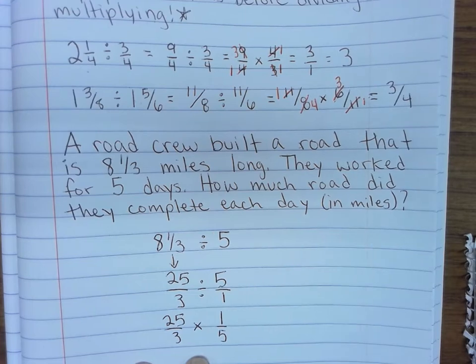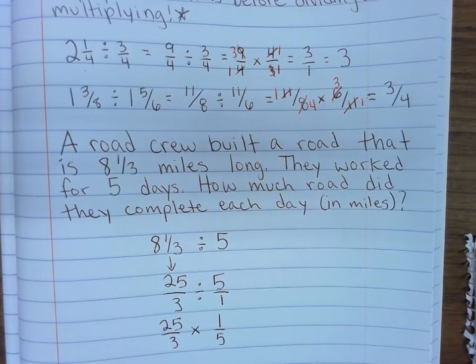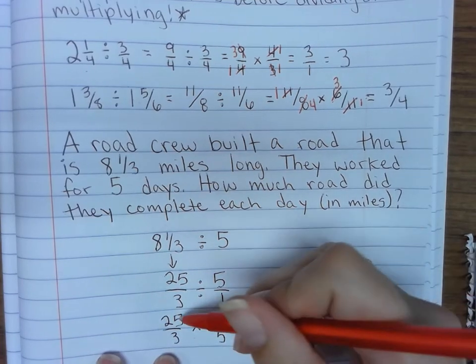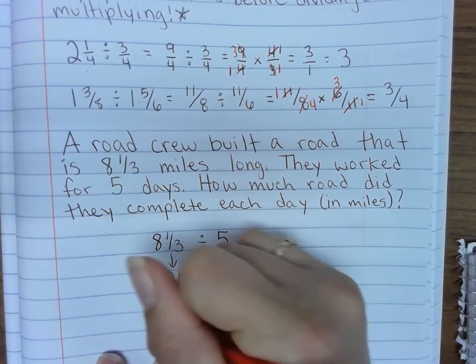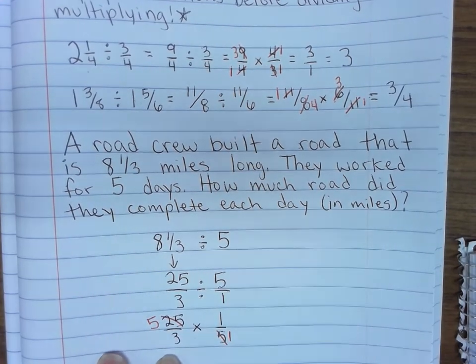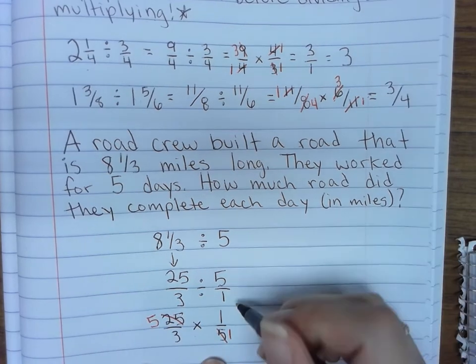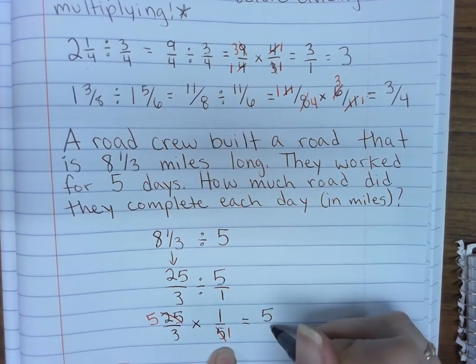Change the sign. Okay, now I can cross cancel if I want to because I have a multiplication problem. 5 goes into both of these. 5 goes into 5 one time. 5 goes into 25 5 times. 1 and 3 have nothing that I can cross cancel. Multiply across the top. 5 times 1 is 5. 3 times 1 is 3.